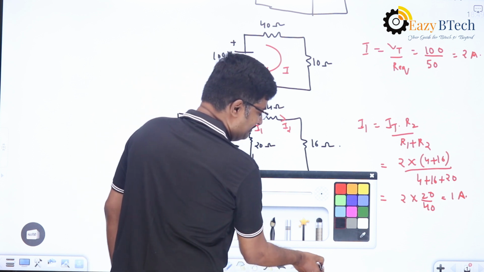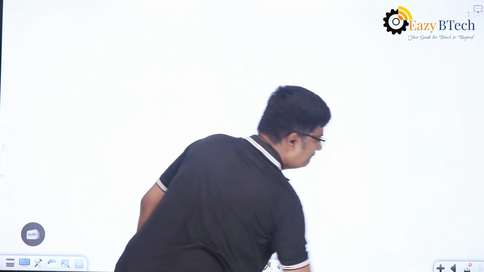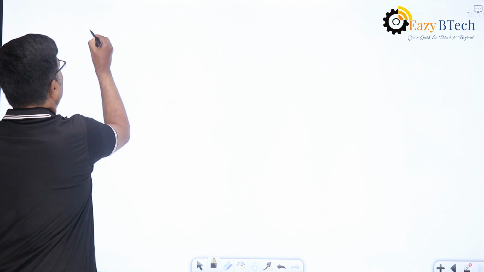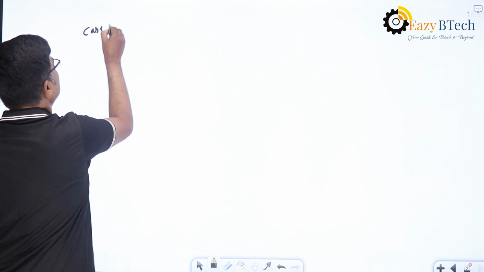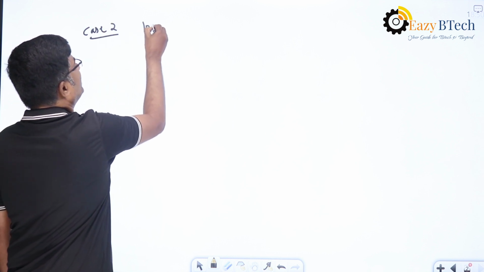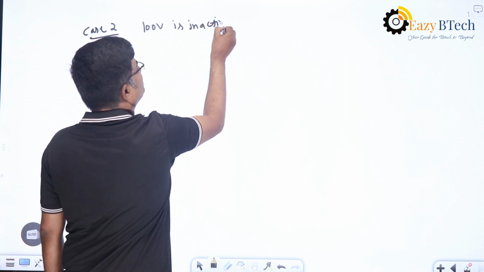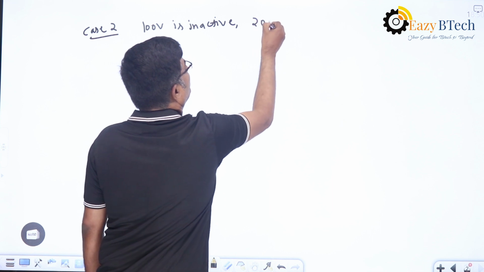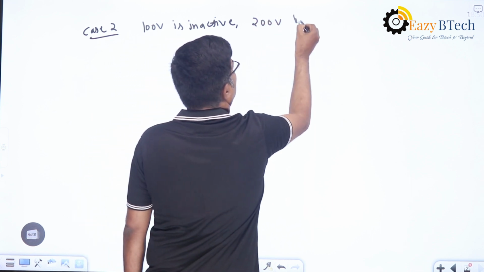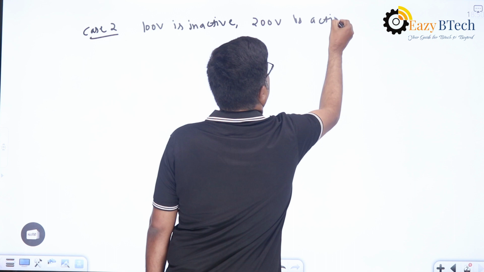Now, coming to case 2, 100 volts is inactive and 200 volts is active.